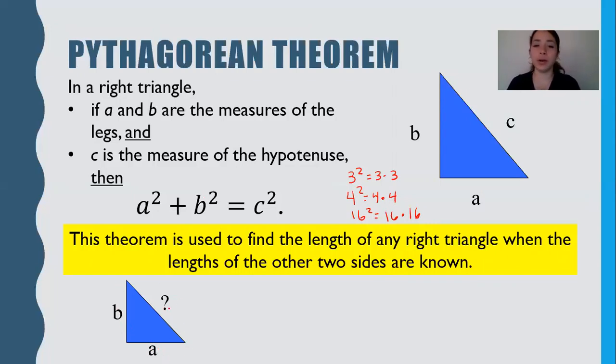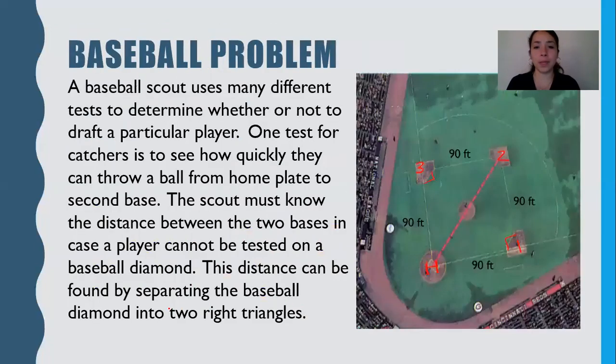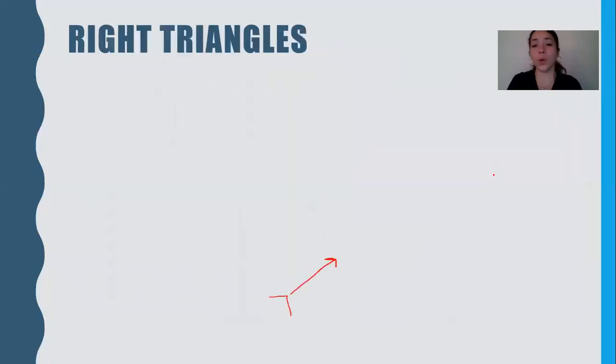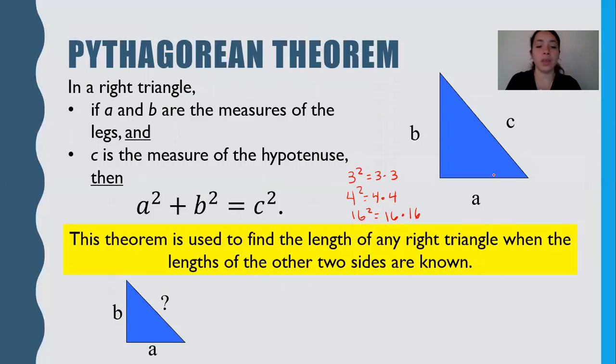So let's actually look back at the baseball problem. Notice they tell us how long this side is, how long this side is, but they don't tell us how long this side is. We would be able to use the Pythagorean theorem for that. Maybe they give you how long this side is, how long this hypotenuse is, but they don't tell you this.